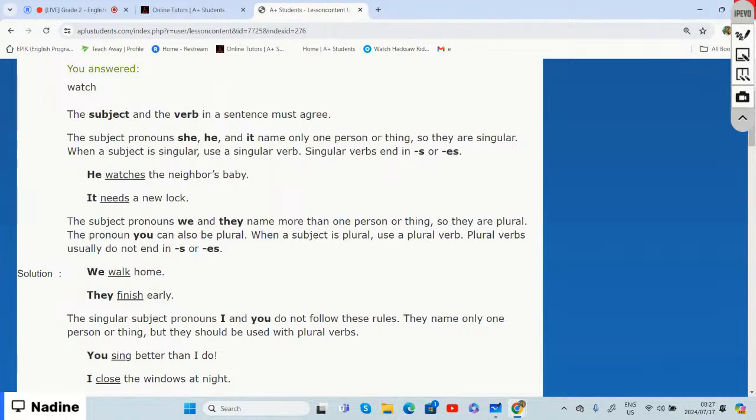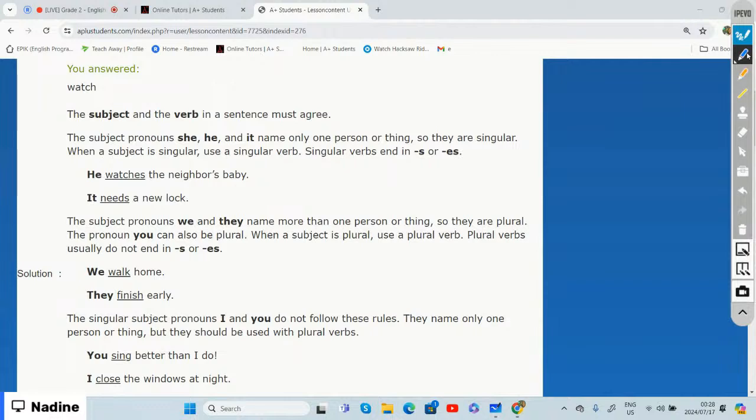Or if you want to refer to more than one person, we use words like we, they, or you, right? And that refers to more than one person. But now, remember, we said that our subject pronoun needs to agree with our verb.